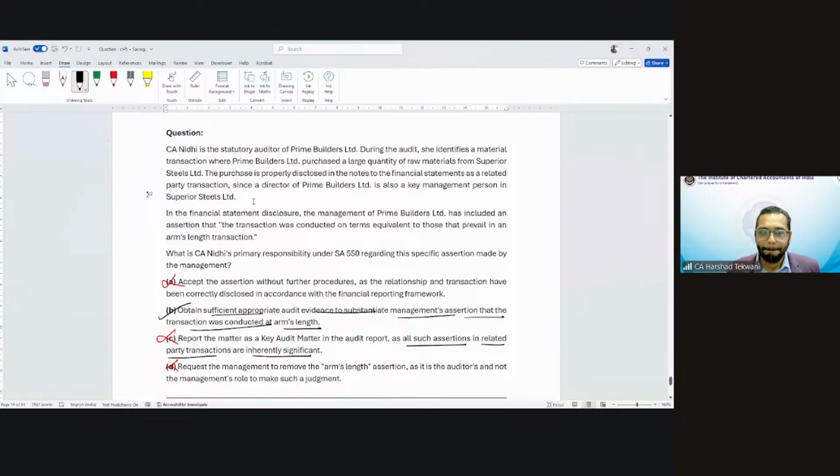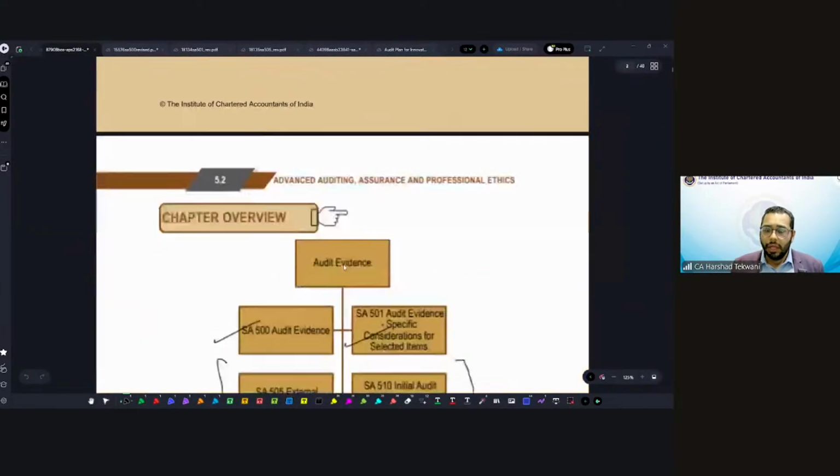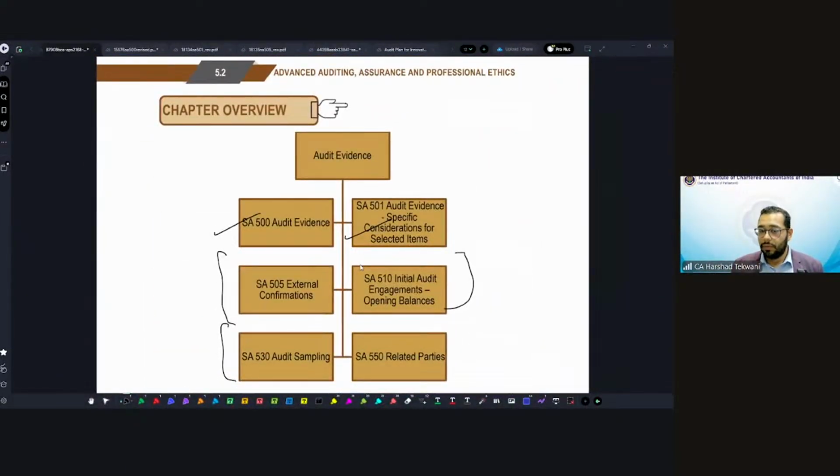Okay. I think we now have a fair idea of SA 550 and the one we discussed before this, SA 530. What I would like you to do is go through the study material, all the standards we have discussed, practice the questions there, and bring your doubts in the next session.